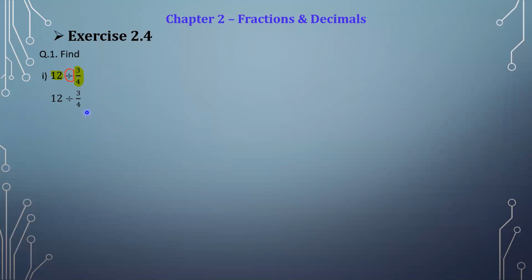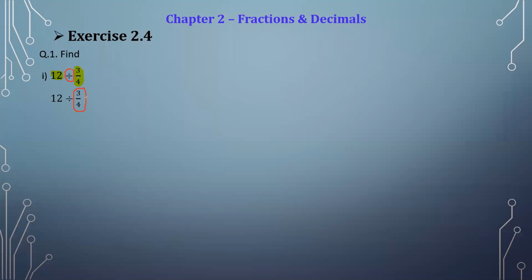Suppose here we consider the fraction 3 upon 4, and I want to calculate the reciprocal of this fraction. It is quite simple. There is no need to bring new numbers.